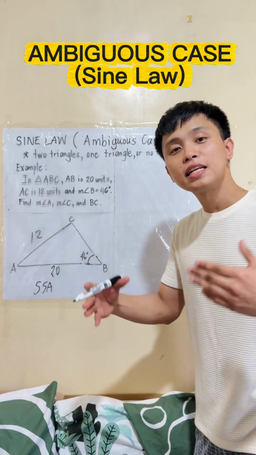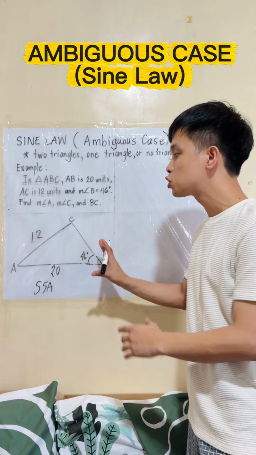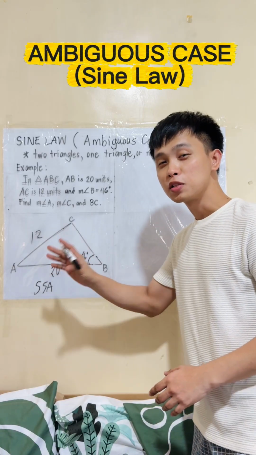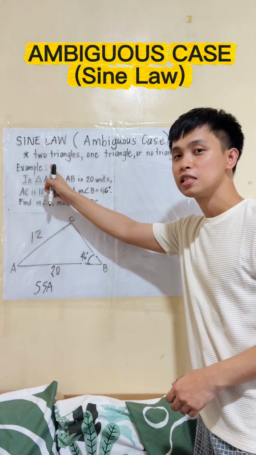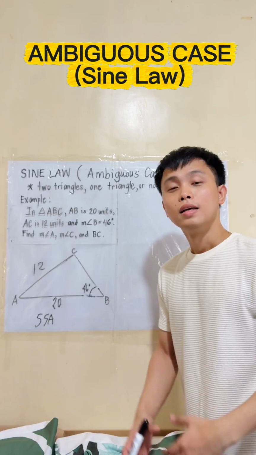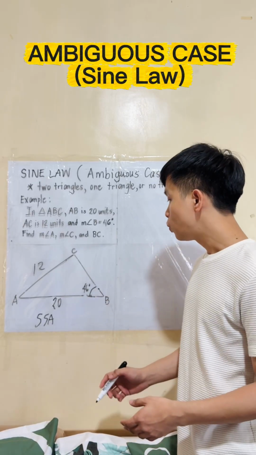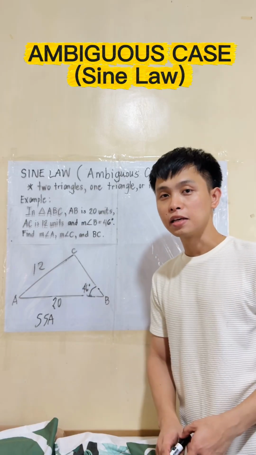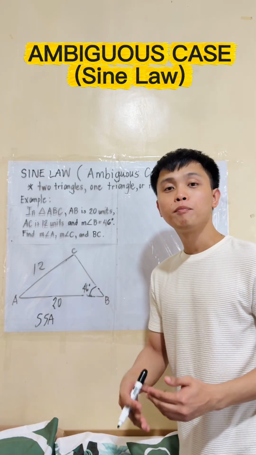Now, since this is an ambiguous case, we don't know if this is really the correct illustration of the triangle. Because remember, in these cases, we may have two triangles, one triangle, or no triangle existing. Since we know that angle B is an acute angle, we may proceed first with checking the number of possible solutions.